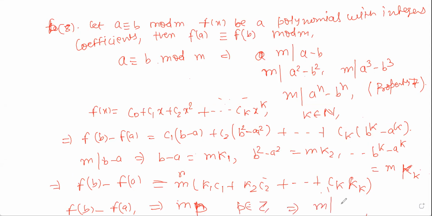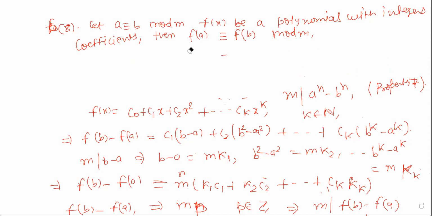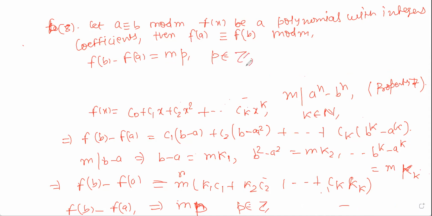This implies that m divides f(b) minus f(a), since f(b) minus f(a) equal to m into some integer p, since we have shown that c1, c2, ck are integers, and k1, k2 and kk are integers.